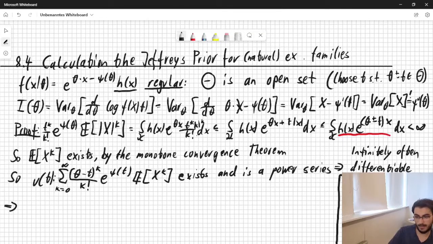And this implies that the derivative of u, first of all u in theta, so if we plug this in and set this to 0, this is only 1 if we take k equal to 0, so we have that this is equal to e to the power of psi of theta, and this is also just 1, in case k equal to 0. On the other hand, the derivative of u in theta is equal to the second part, so setting k equal to 1.